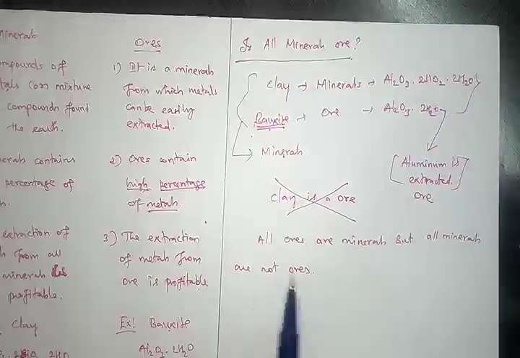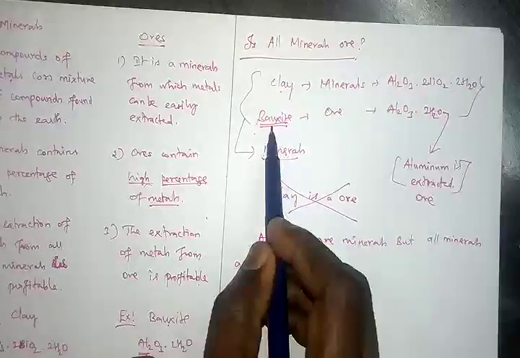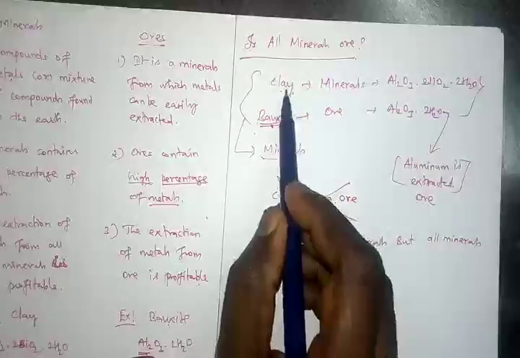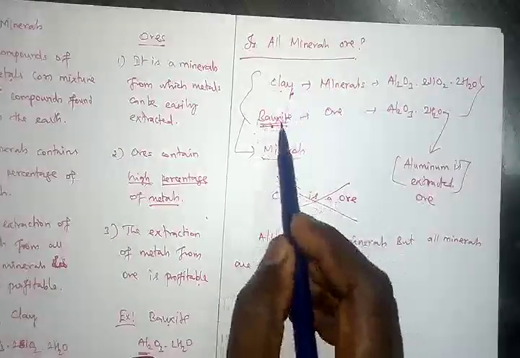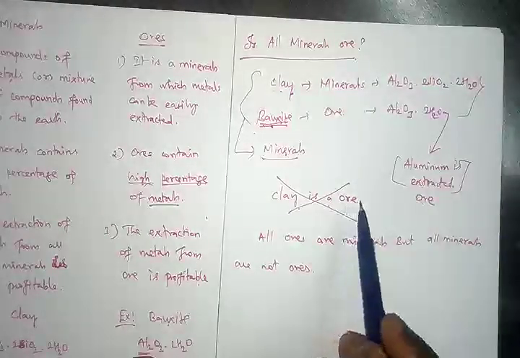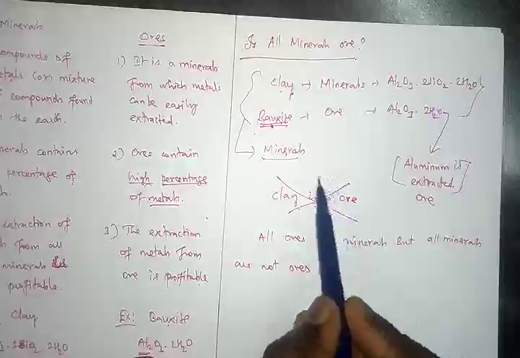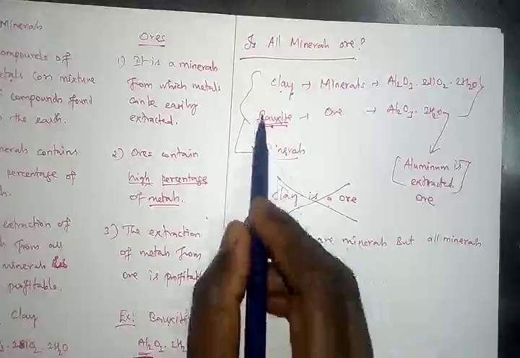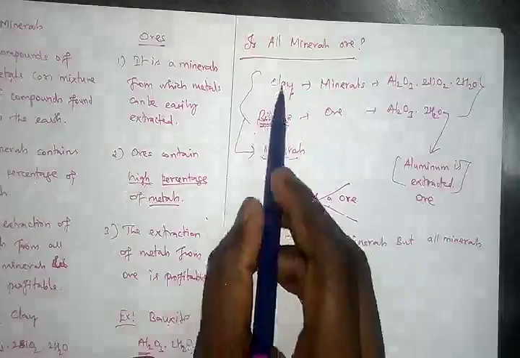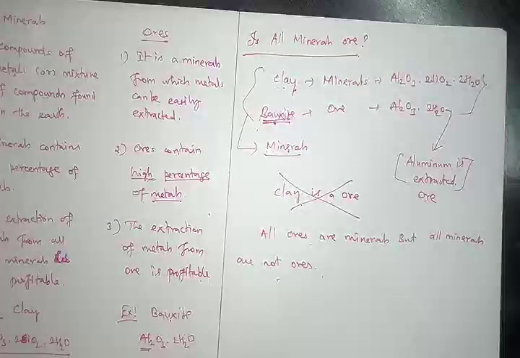You should know how to answer this. We have two minerals, clay and bauxite. Only from bauxite we extract aluminium, not from clay, because clay contains a low percentage of aluminium and bauxite a high percentage. So clay is just a mineral, but bauxite is an ore and also a type of mineral. I hope you understand this 2 mark question very clearly.